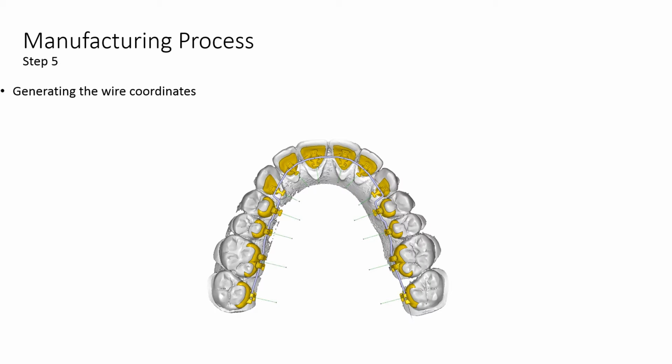Then depending on this bracket design, they will customize a wire which has first order bends, sometimes second order bends, and if it's a WIN system, to be as close to the tooth and therefore to the center of resistance as possible. This is a very important part, of course.